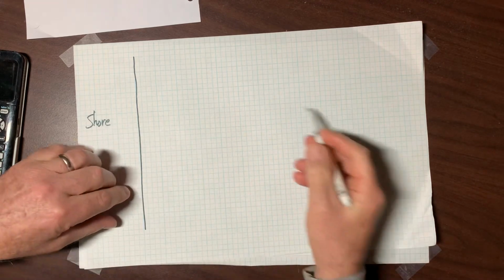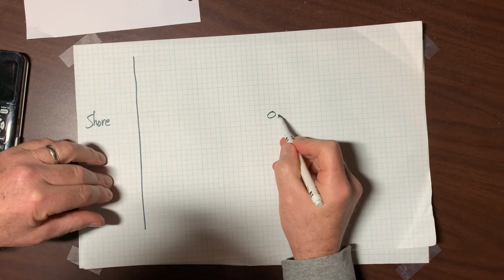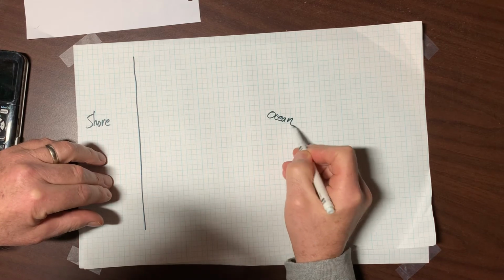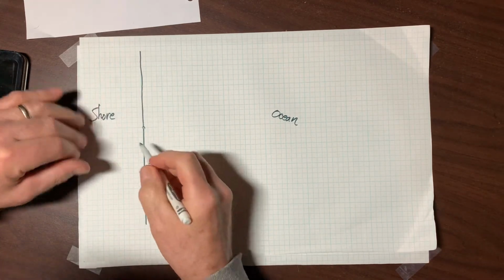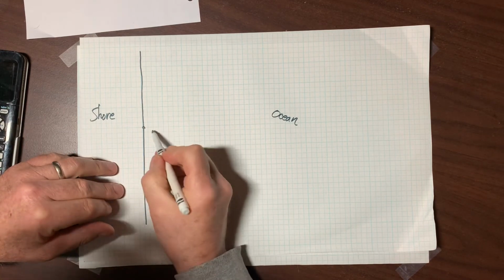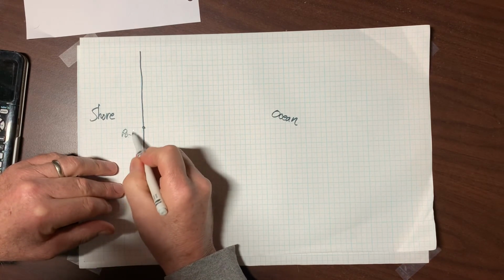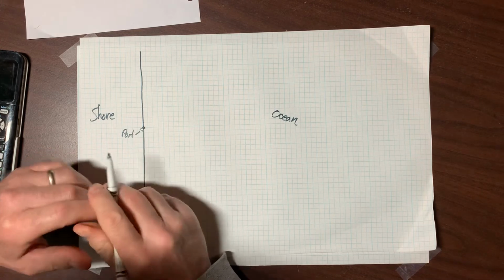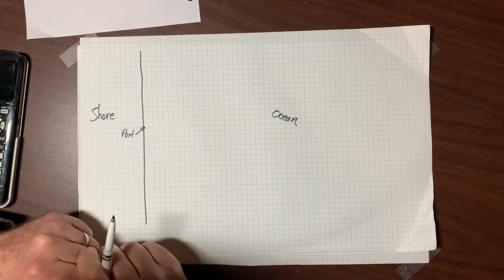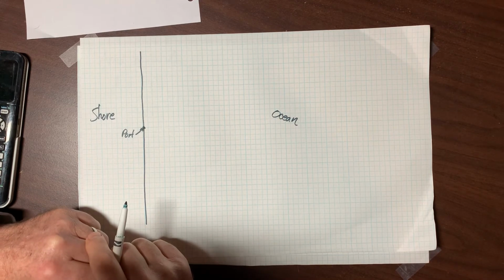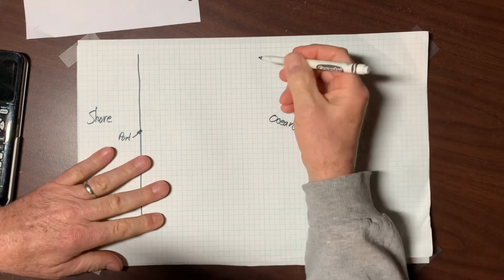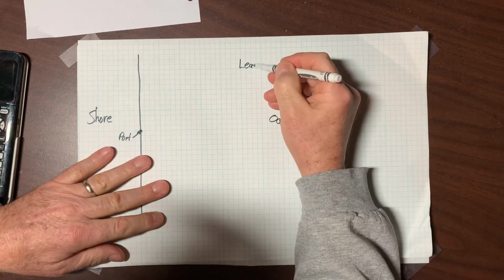And this is the ocean out here. All right, and this is the port right here. And there's 2 ships. And the 2 ships, they leave port at 8 in the morning.